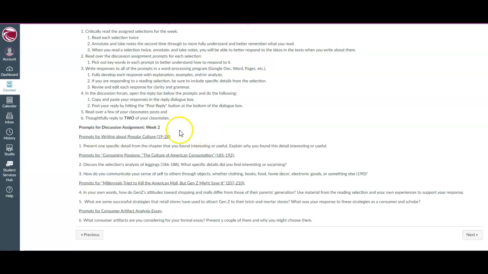I have here the process you should be using when you do work on the discussion assignment, which also brings in the reading process we'll be using for this semester.